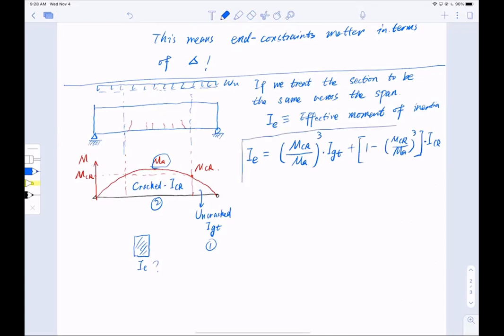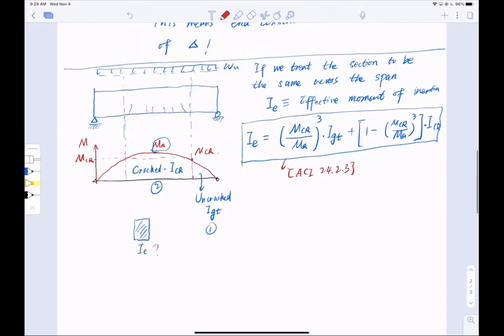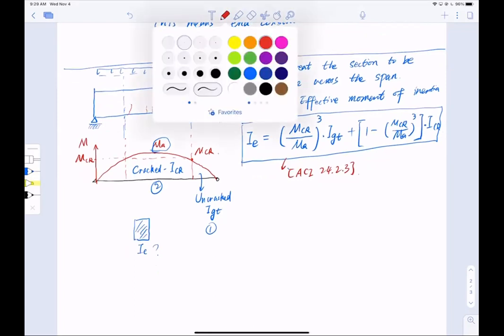So this is the equation that ACI uses to calculate the effective moment of inertia, and you can find this in ACI 24.2.3.